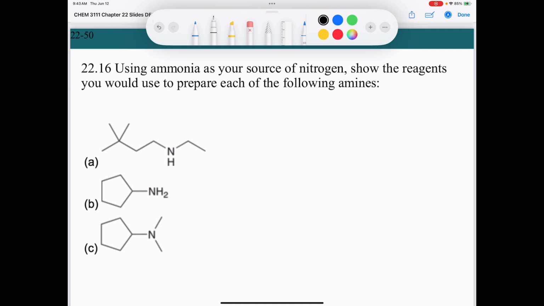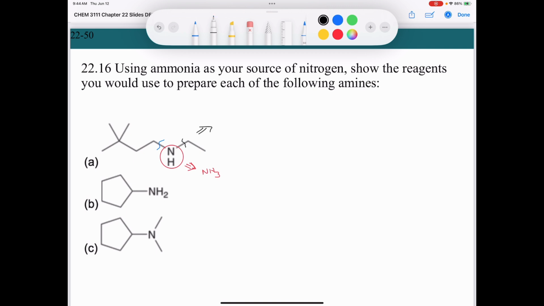Okay, question 22.16. Using ammonia as your source of nitrogen, show the reagents you would use to prepare each of the following amines. Okay, so the nitrogen is going to come from ammonia, NH3, and we're going to have to form this carbon-nitrogen bond and this carbon-nitrogen bond.